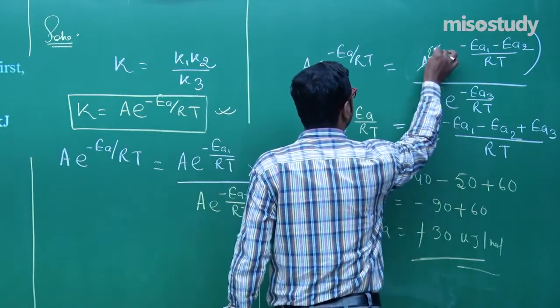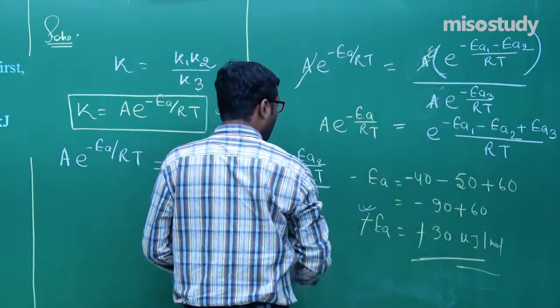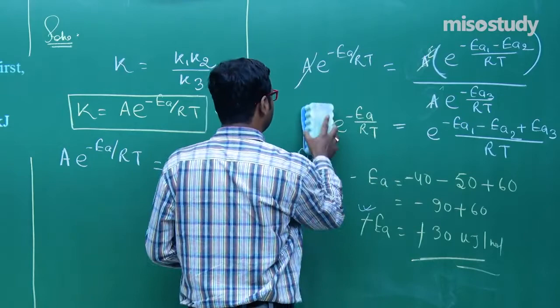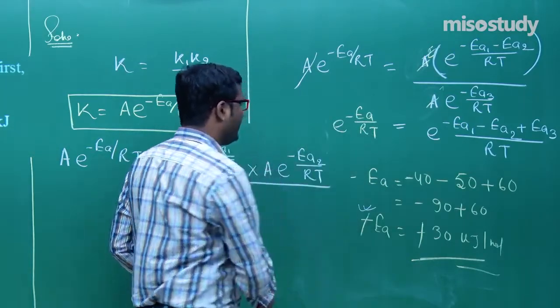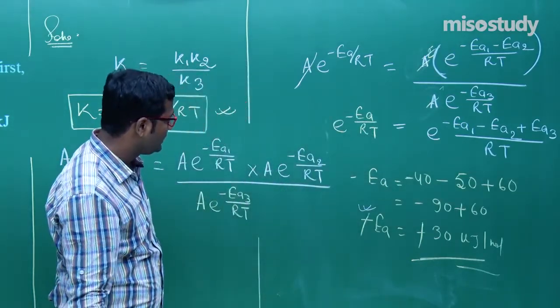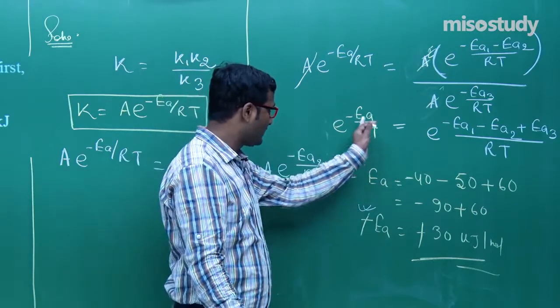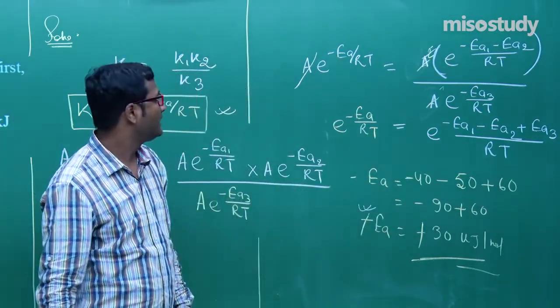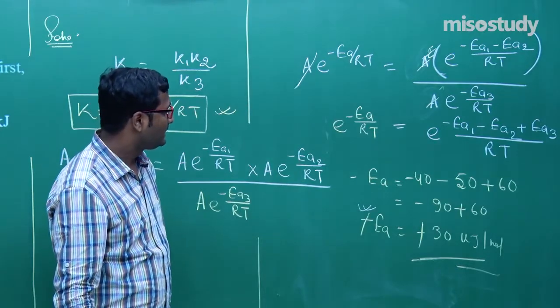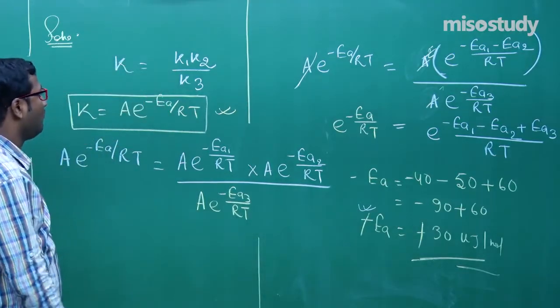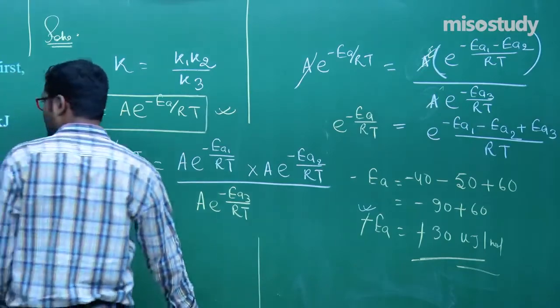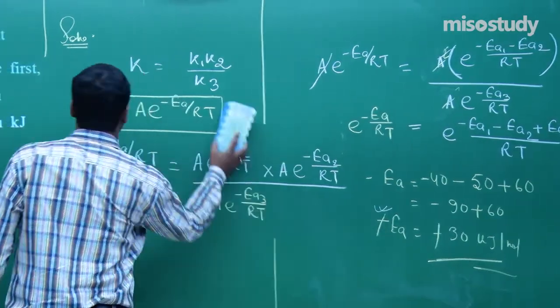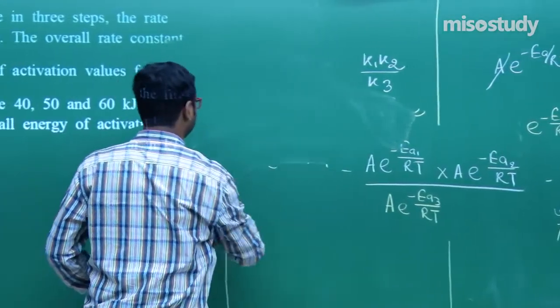This will cancel and this will cancel, overall they will cancel each other. That is Ae^(-Ea/RT). So RT will cancel each other, and finally Ea is equal to plus 30 kilojoule per mole. Now I am going to rub this part and we will discuss the next question. Wait for a moment.